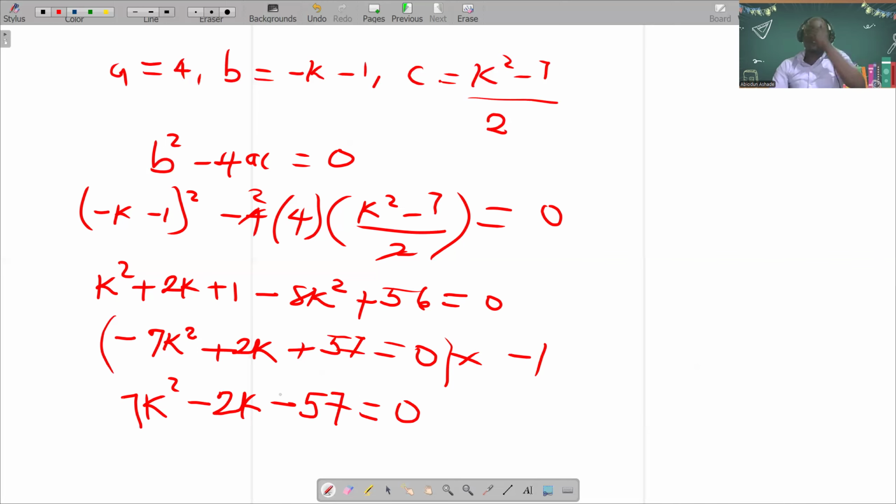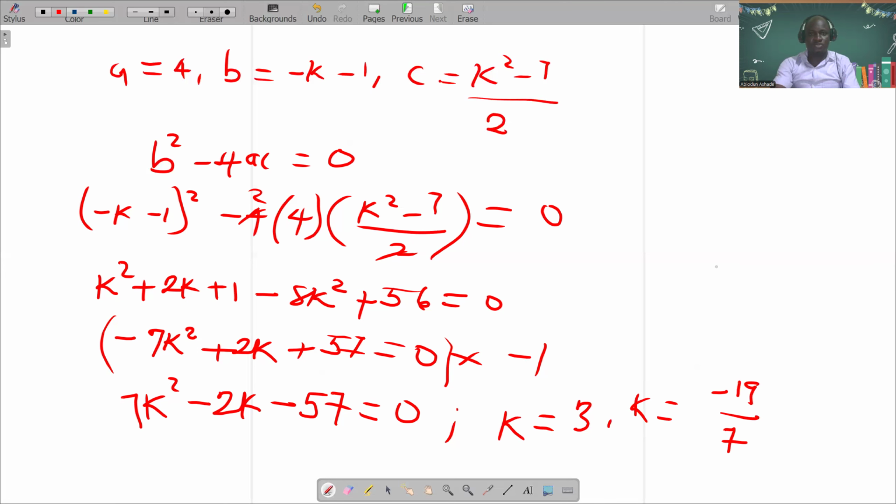And this is a quadratic equation. Either we solve it using the quadratic formula or by factorization, which we have done in our previous class and slide. So we find that k equals 3, and k equals minus 19 over 7.